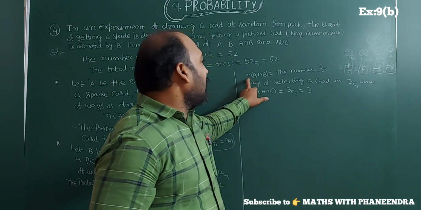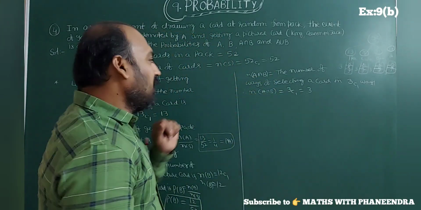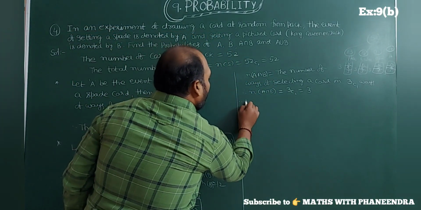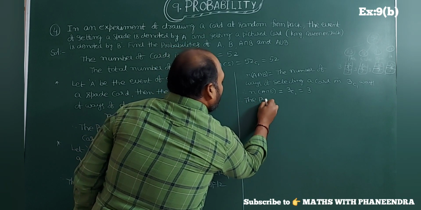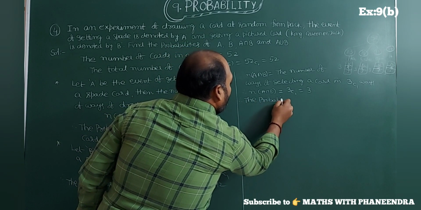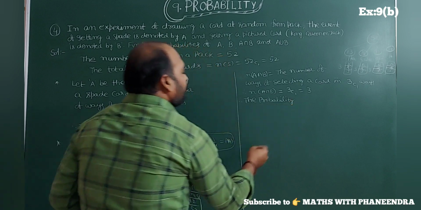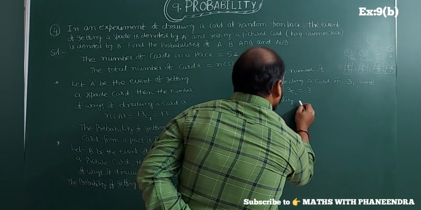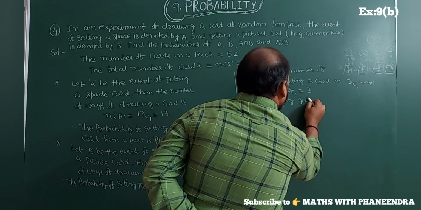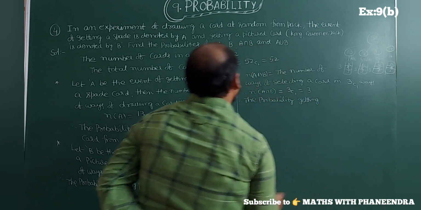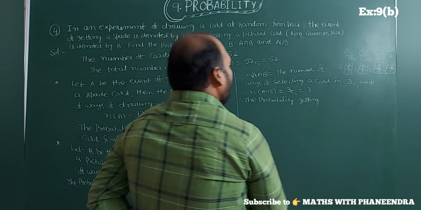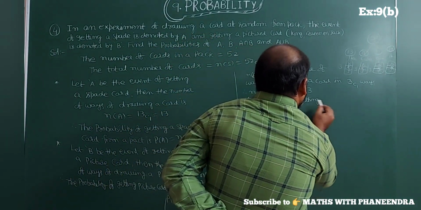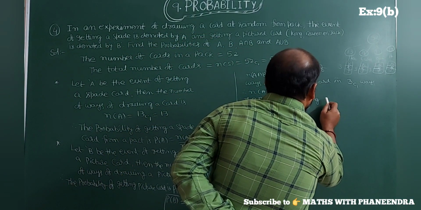That is the reason n of A intersection B equal to 3. Therefore, the probability of getting a picture card in common.